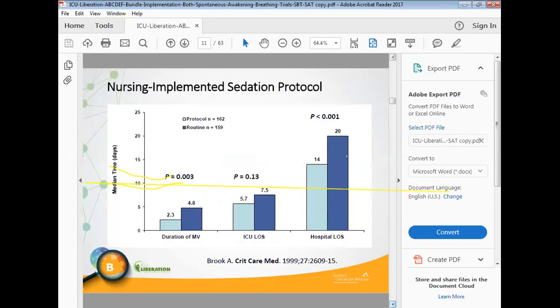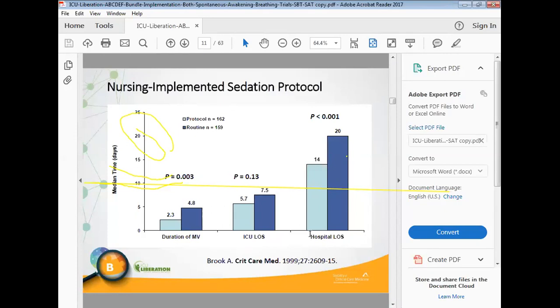So the bad news is too much sedation is bad. But the good news is that we can do something about it, okay? This is something that can be changed. This is a study where they looked at a sedation protocol, and found that when nurses implemented a sedation protocol, this led to a reduction in mechanical ventilation duration and reduced length of stay in the hospital.